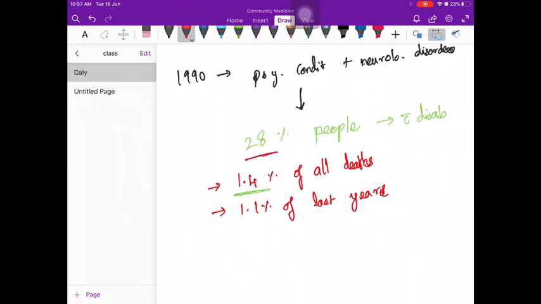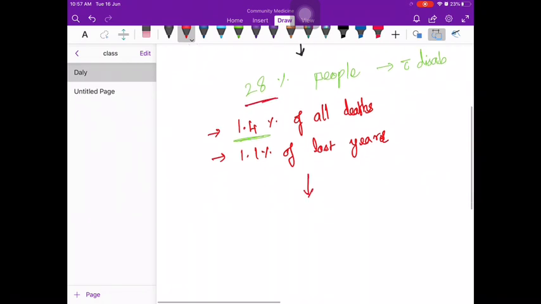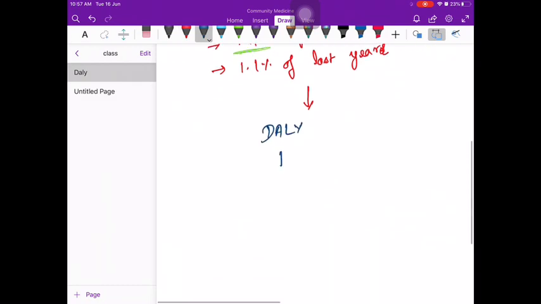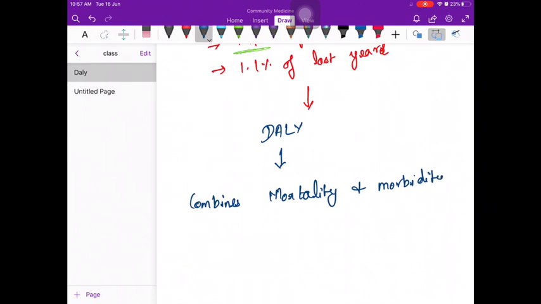So the WHO came with a relatively new indicator to measure the burden of disease called DALY, which is the indicator which combines mortality and morbidity into a single metric, into a single measurement.